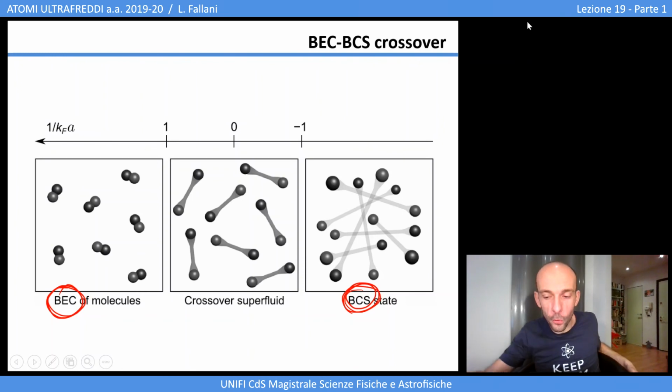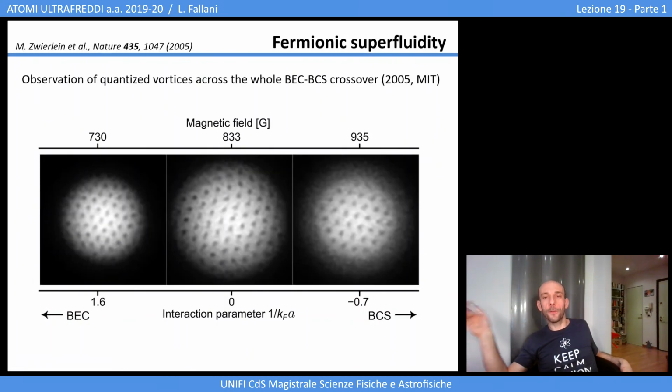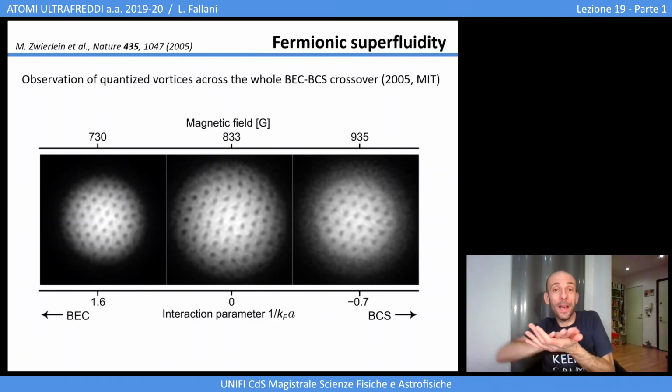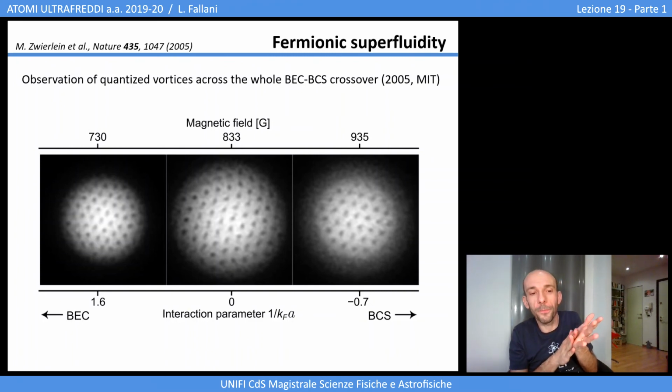And as a last slide, I can show you that, for example, you can probe the superfluid nature of these fermions if you rotate your Fermi gas, and you can look at the formation of quantized vortices.